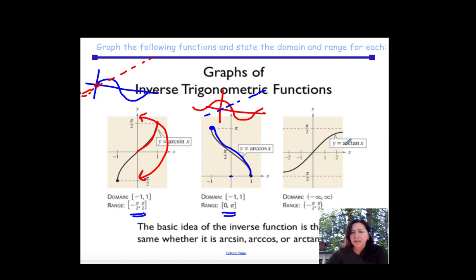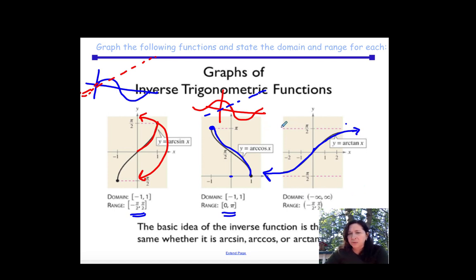And for arc tangent, again, tangent looks like this, a normal graph like that. If I were to reflect across my y equals x axis, that's what I get. I get this arc that switches over like this to the right and comes like this to the left. But that actually does go on forever for my domain.